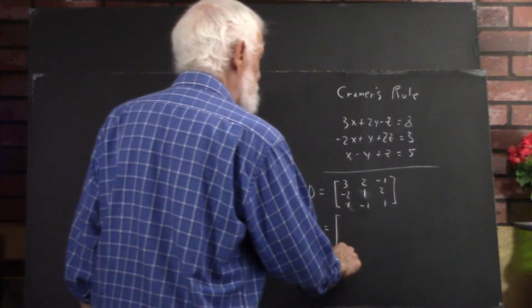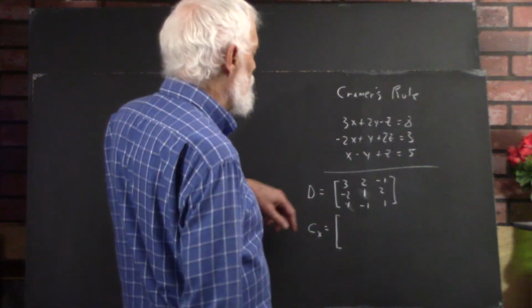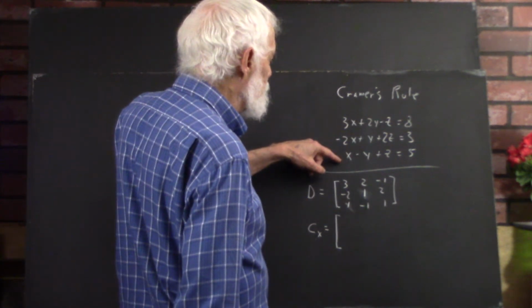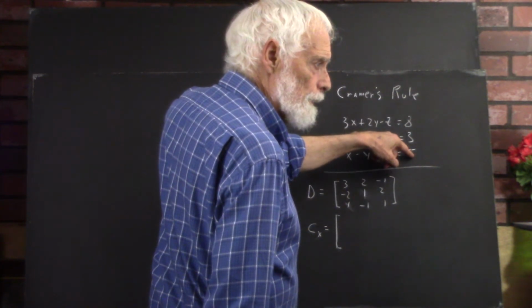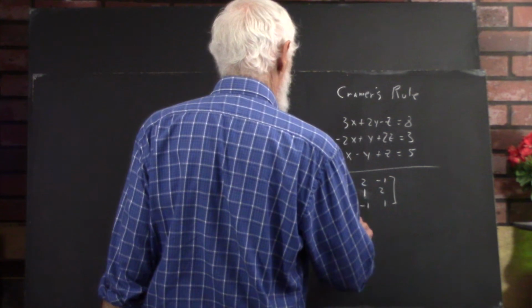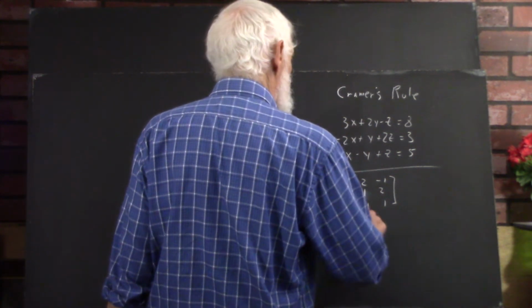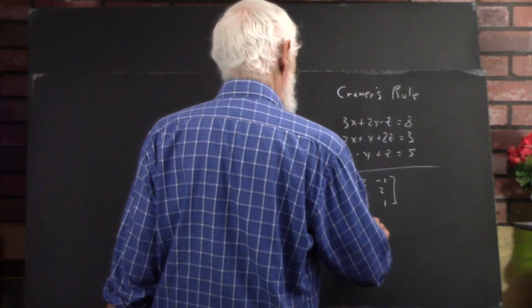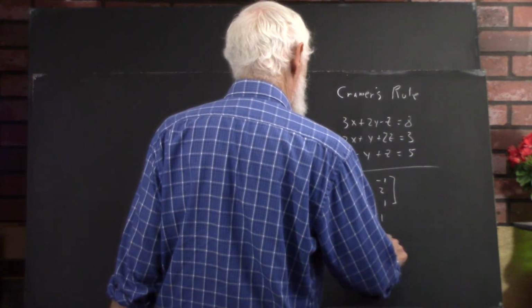To get the C sub x matrix, you replace all the coefficients of x with the numbers over here. So all the coefficients of x are here, and the numbers over there are 8, 3, 5, and then the D matrix continues, or you just continue as the D matrix does.